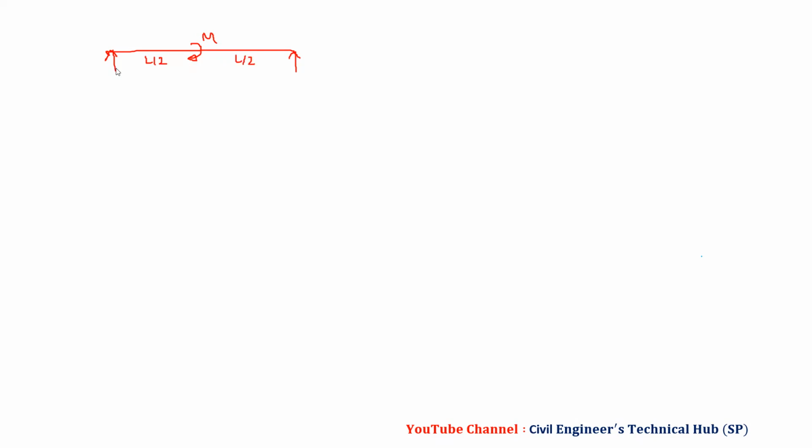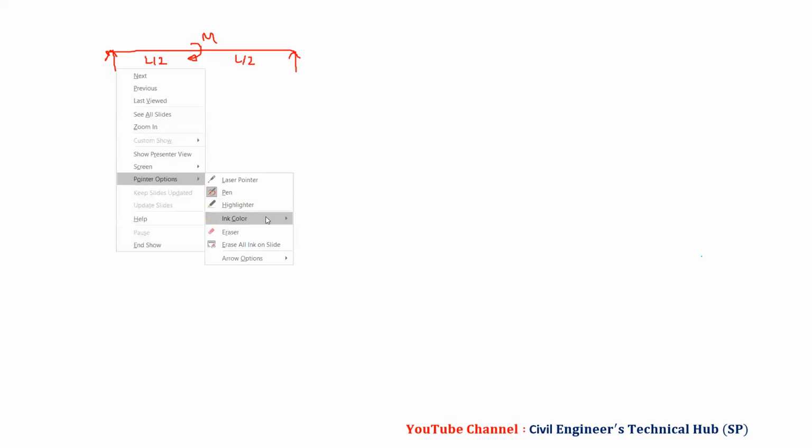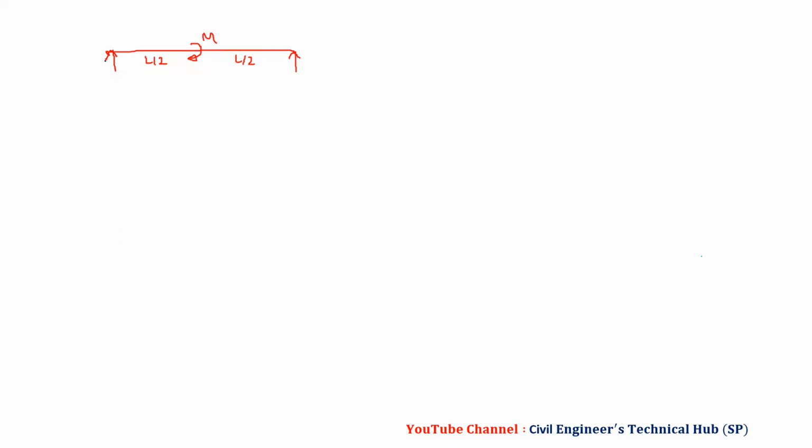Now in this case, you do not have reaction 0 because what will happen in this case? If I take moment about B equal to 0, then we have VA into L clockwise plus M clockwise equal to 0 and VA is minus M by L. And then apply Fy equal to 0.